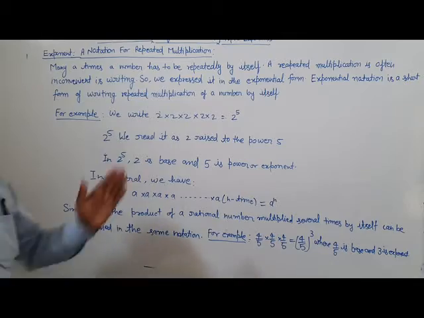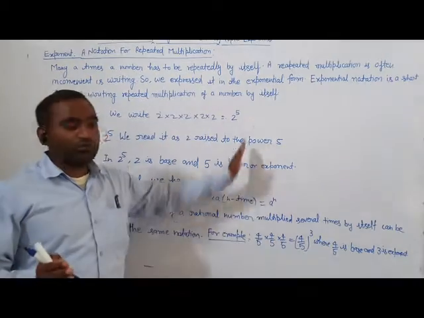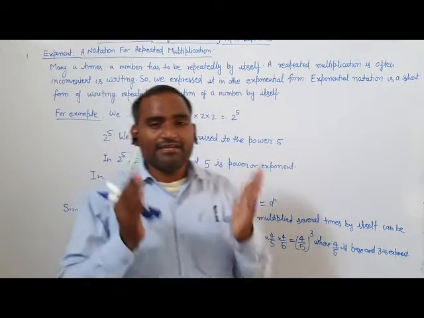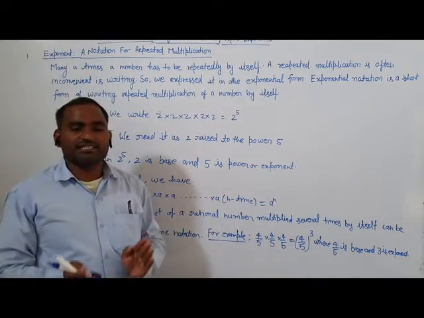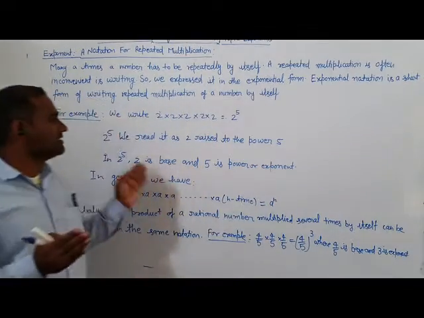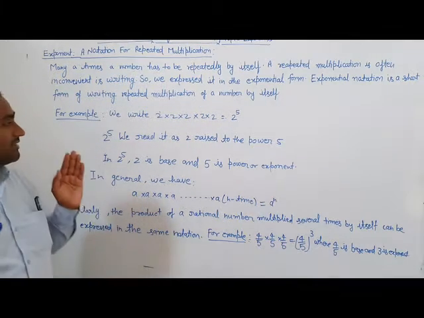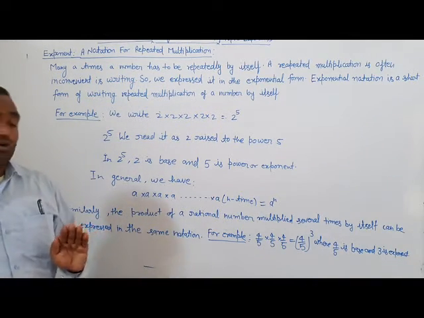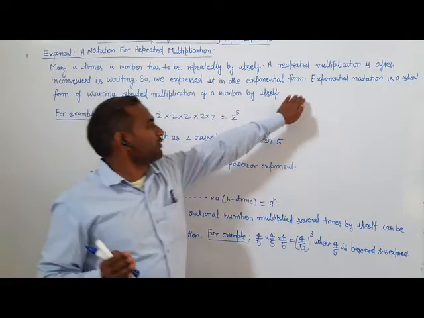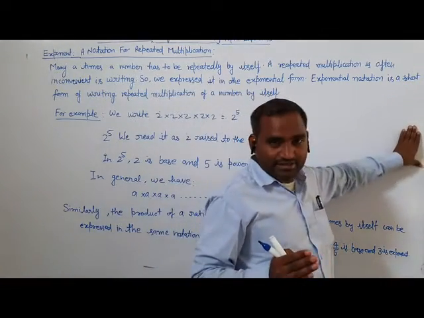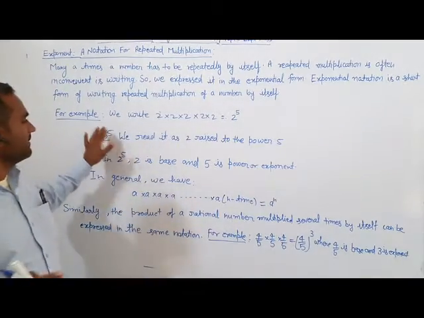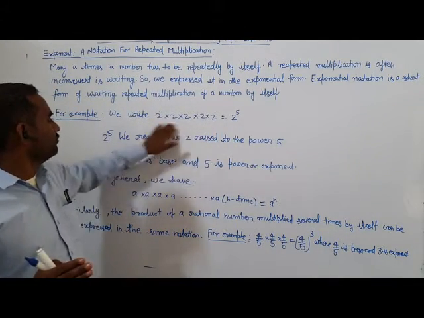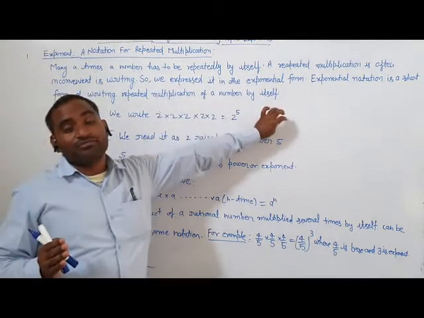So I think all of you have understood how to express any number when it is multiplied by itself and repeated many times. In short, we write it in short form. So it is called exponential notation, and we read the power, for example 2 multiplied 5 times is 2 raised to power 5.